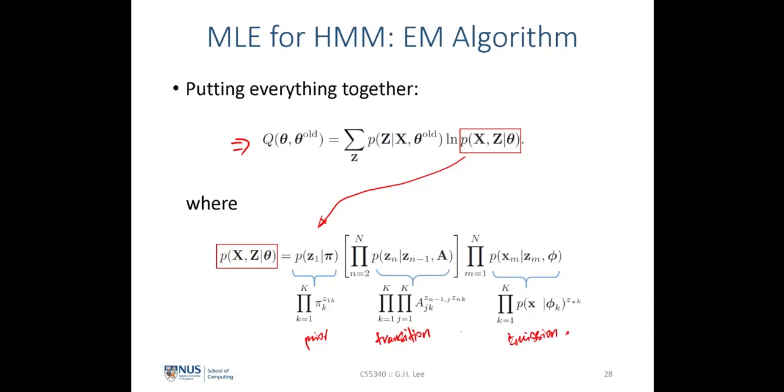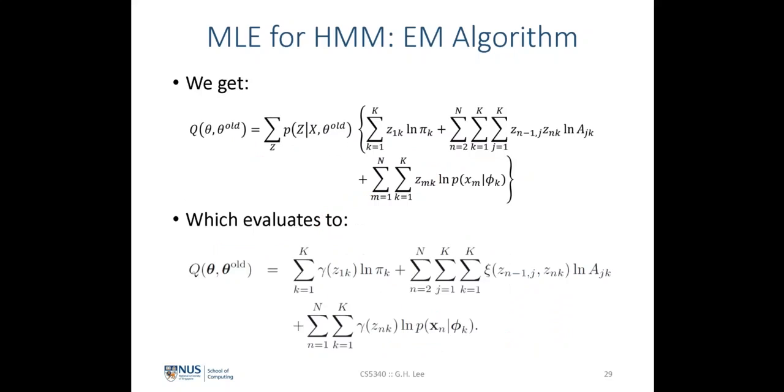Directly plugging in all the terms that we have defined, the prior term is given by the categorical distribution, the transition term is given by the A matrix, and the emission probability is given by this product term over here. So plugging this into the Q term, we will get this particular complicated expression.